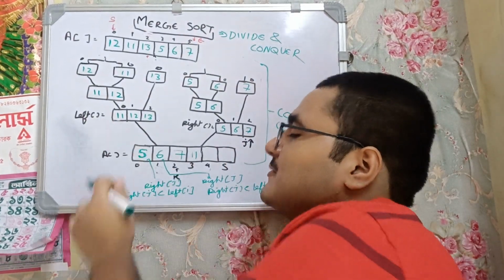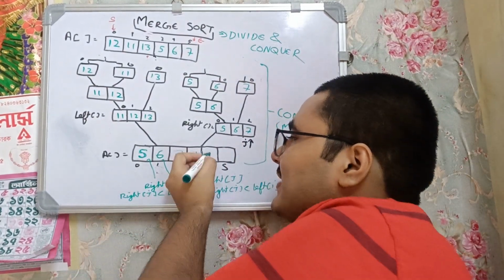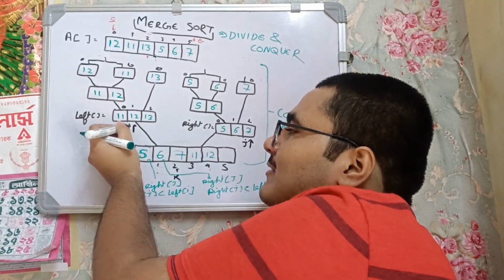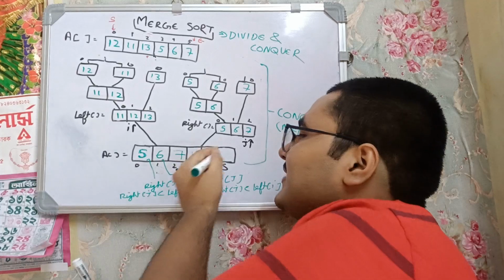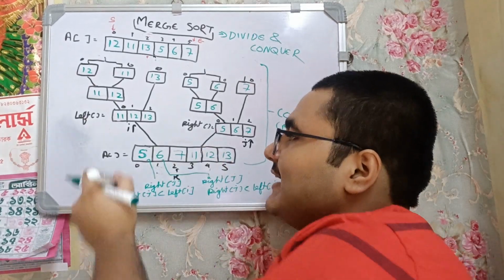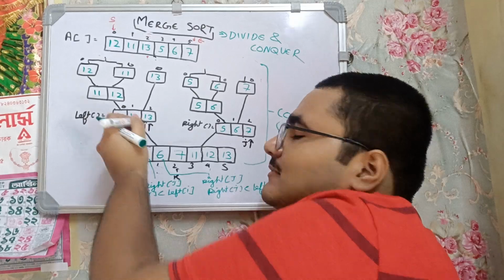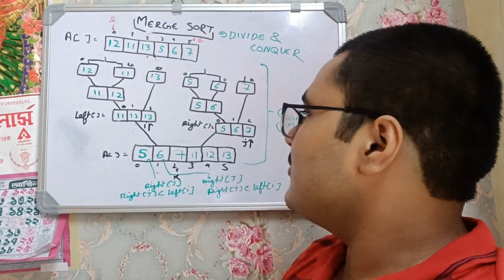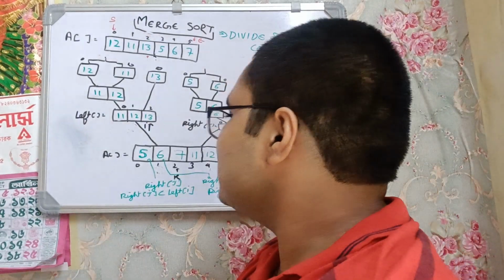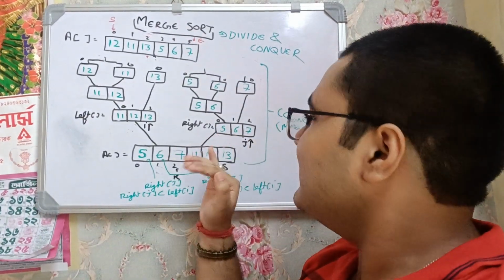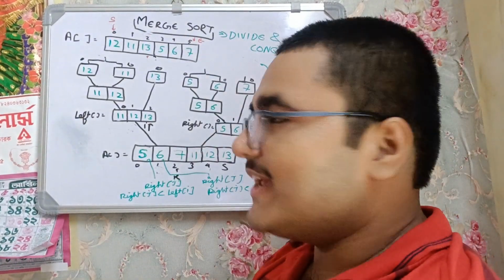Then i moves, and 12 comes here, then 13 comes. So this is how it works. But the example here is quite easy, because every time 5, 6 and 7, say suppose there is an array.